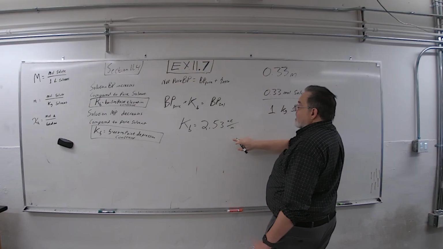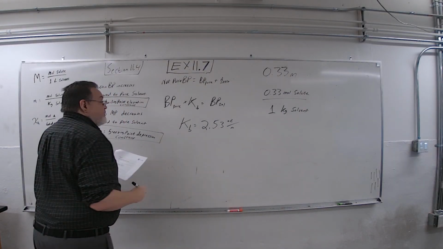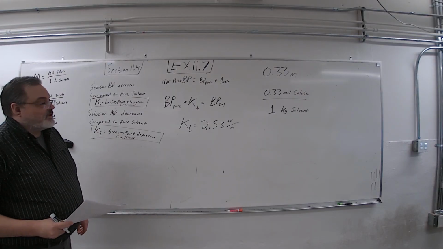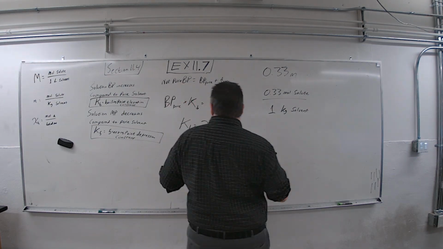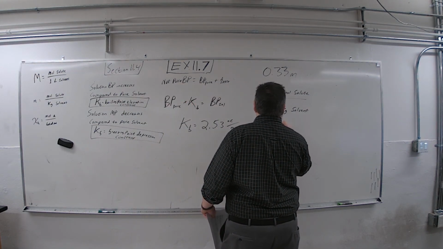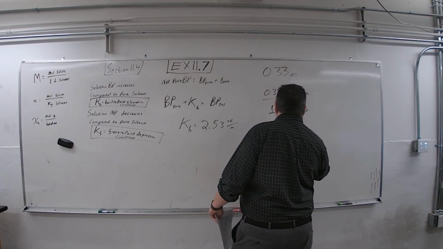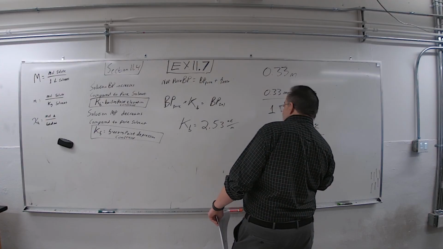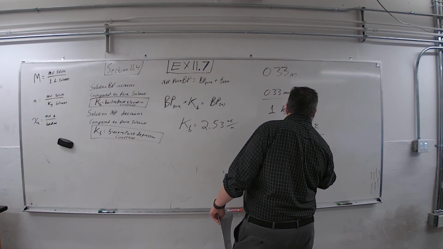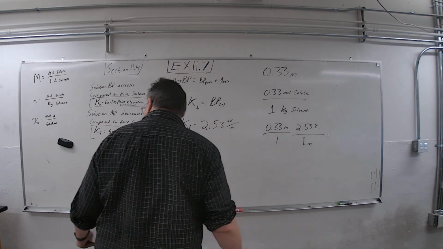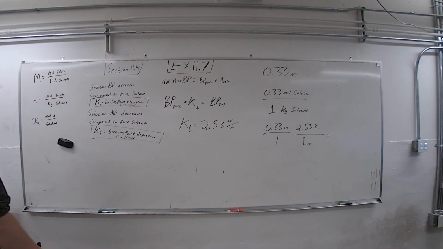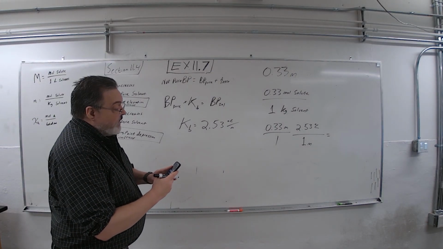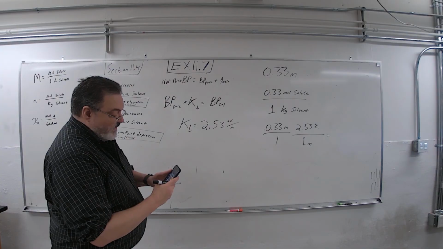So 0.33 m molal solution, and this is the KB. So the way you calculate this is 0.33 m times 2.53 degrees C for 1 molal. You multiply those together: 0.33 times 2.53.